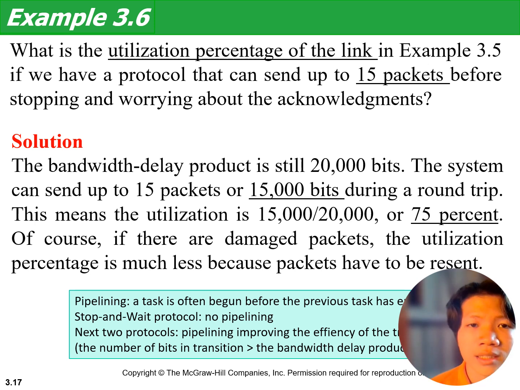The system can send up to 15 packets or 15,000 bits during a round trip. This means the utilization is 15,000 divided by 20,000, or 75%. Of course, if there are damaged packets, the utilization percentage is much less because packets have to be resent.